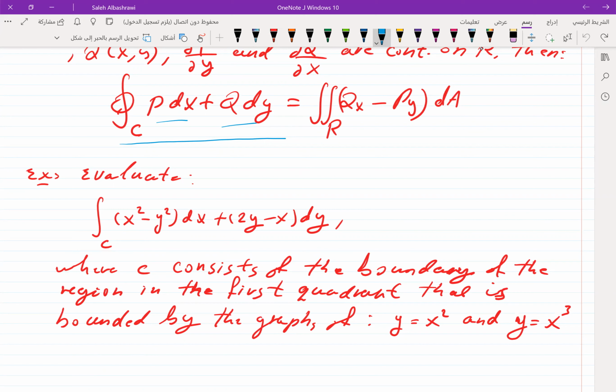So R is just the region enclosed between these two curves.